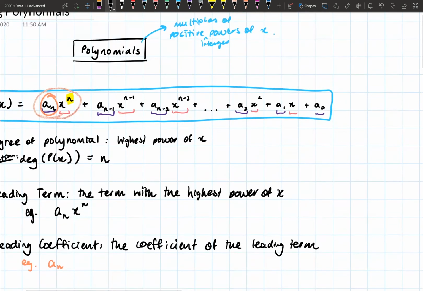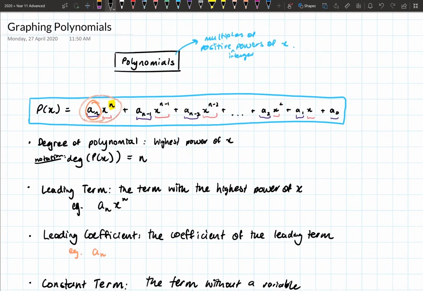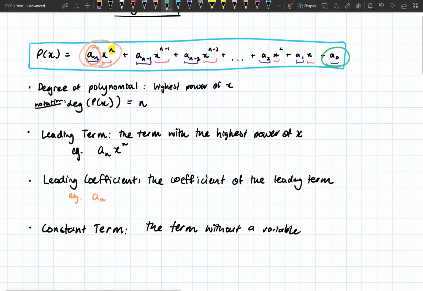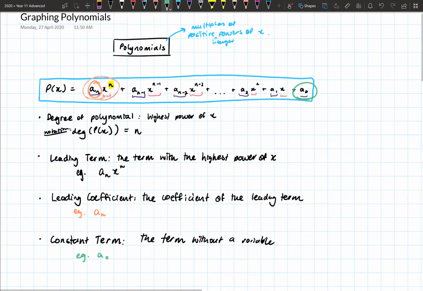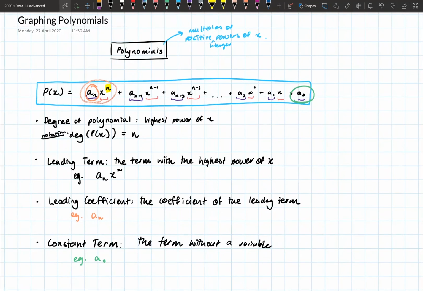If you have a look at my polynomial up here, all of the terms have an x in them, with the exception of one term. The term at the very end, a_0, is the constant term, which doesn't have a power of x. So those are the four key terms that you need to be able to identify with your polynomial.